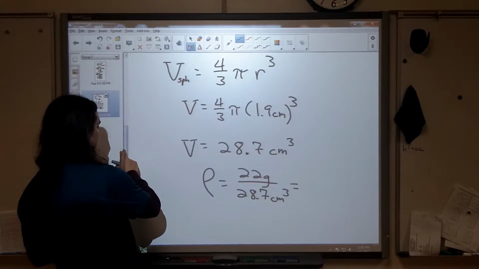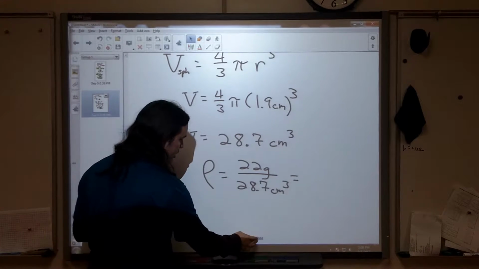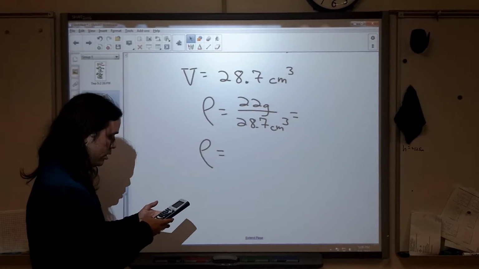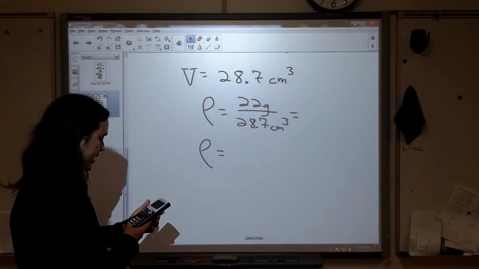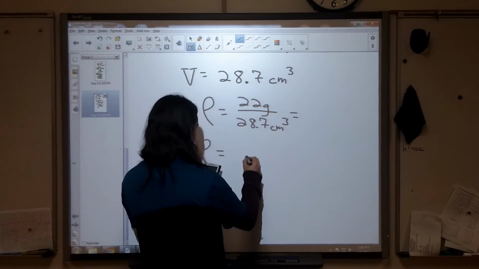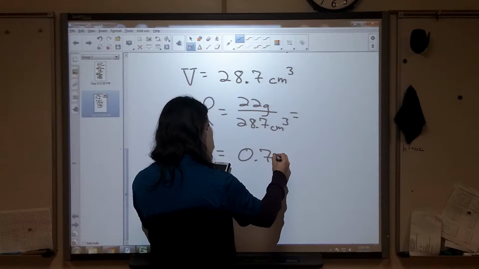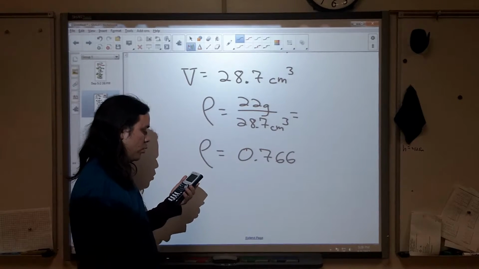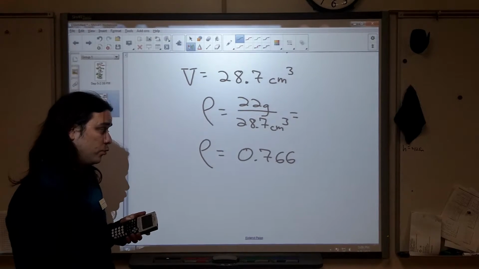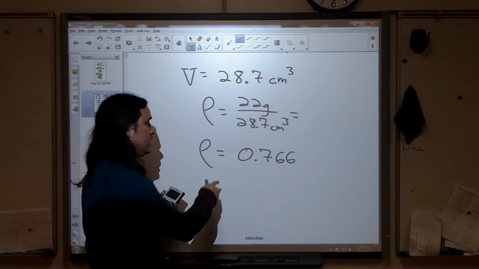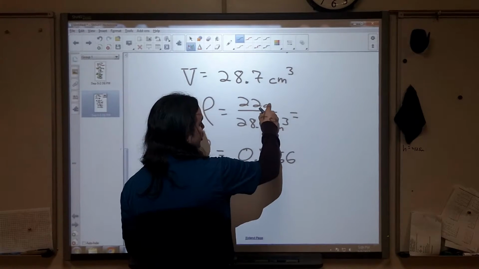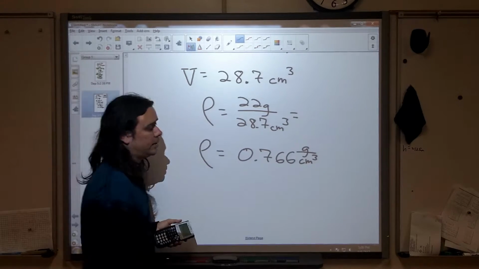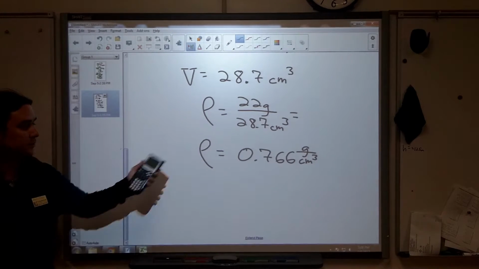And we will find that our density, which is the first thing we're looking for, is 22 divided by that, which comes to something like 0.766. It's actually 0.7657, but rounding to 3 significant figures, I get 0.766 grams per cubic centimeter, which are the units of density.